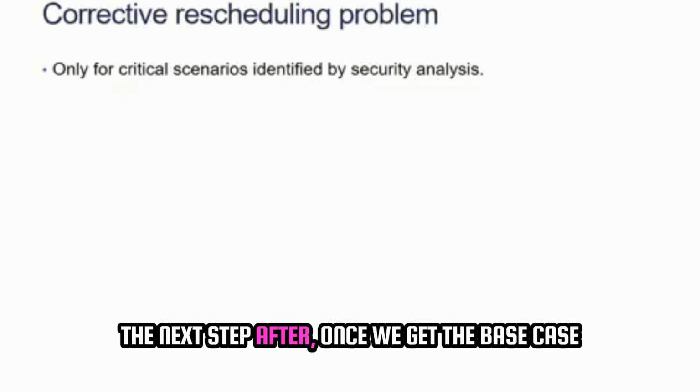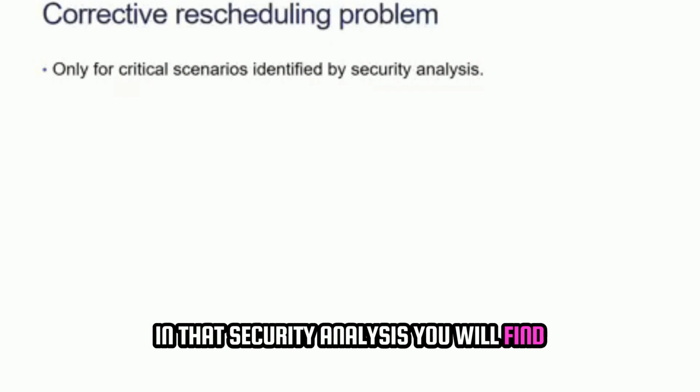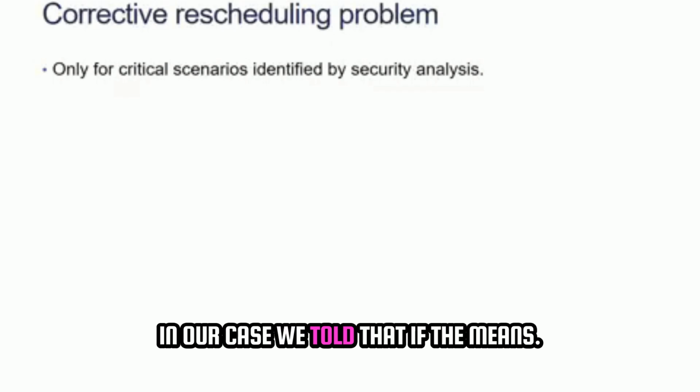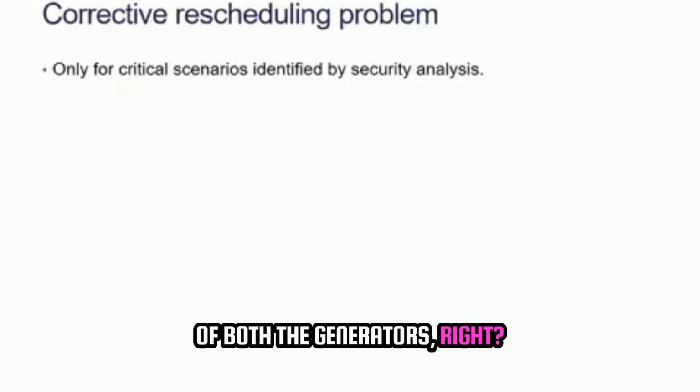Once we get the base case OPF, the next step is to do a security analysis. In that security analysis, you will find some critical contingencies and some non-critical contingencies. In the problem I gave in the MTE, I mentioned that there are sufficient ramping capabilities of both the generators.